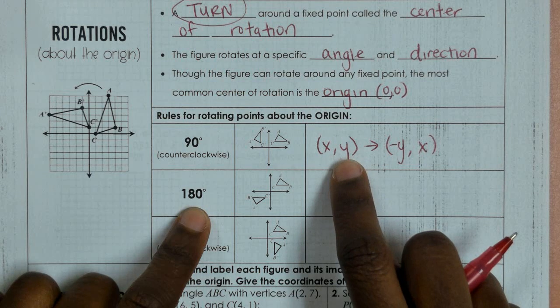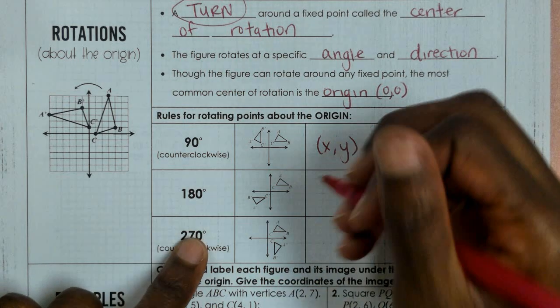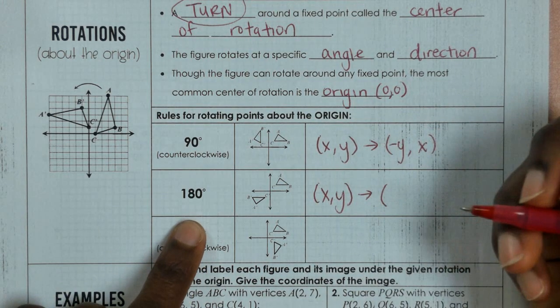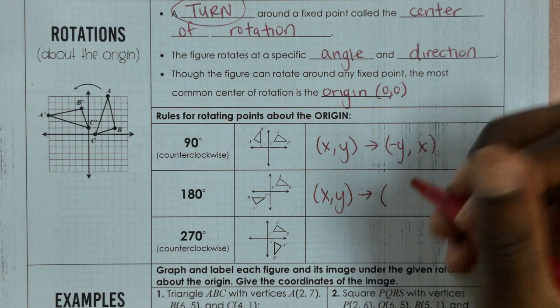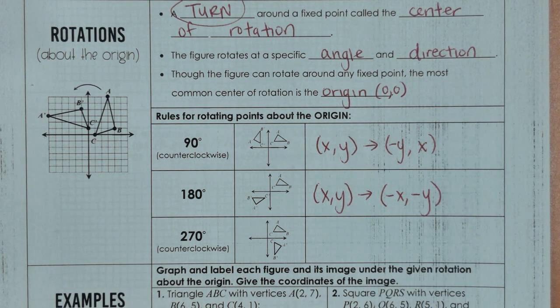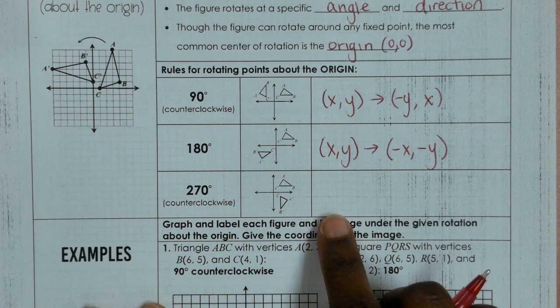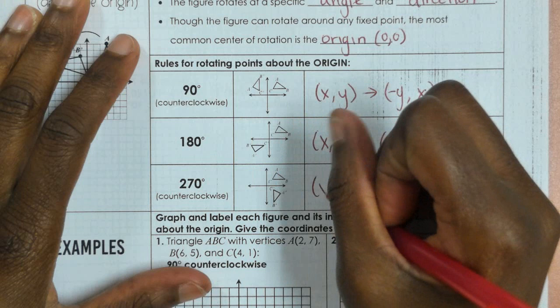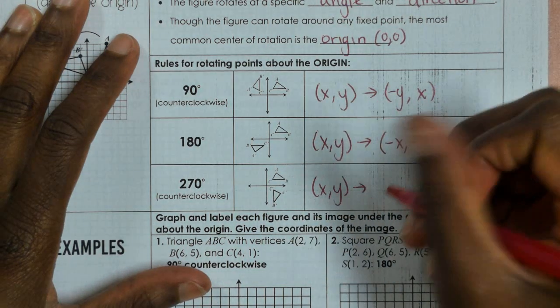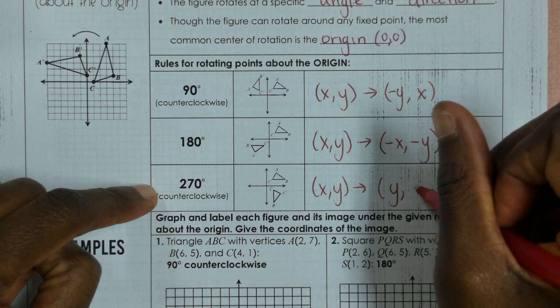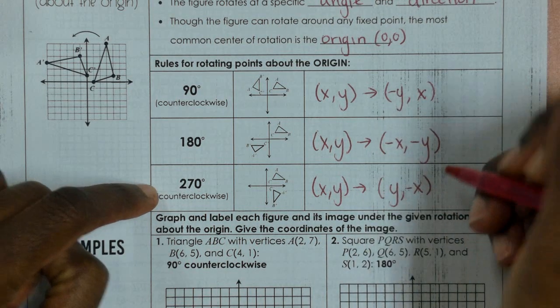If it was already negative, then it becomes positive when you switch it over. If you rotate the original point 180 degrees, it changes both signs but not the order. And lastly, if you rotate the original x and y coordinate 270 degrees, it changes the order and the sign of the x.